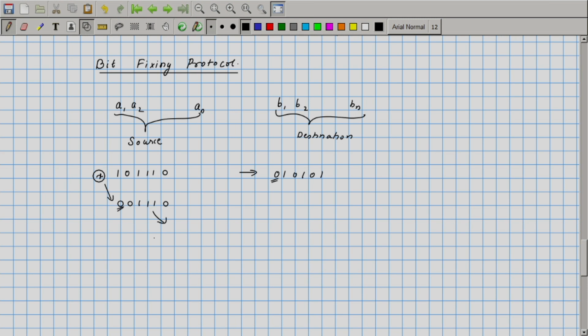In the next time unit it will send it to 0 1 1 1 1 0. That means the second position matches. In the next instance it will go to 0 1 0 1 1 0. Okay. So, the third position is now taken care of.